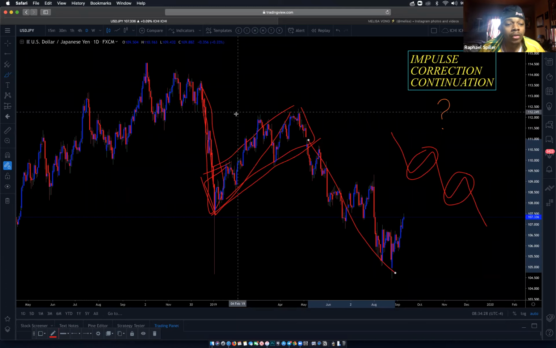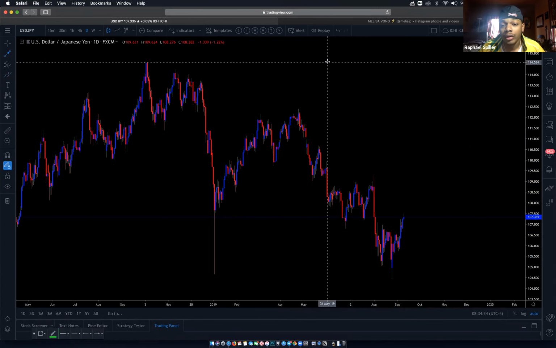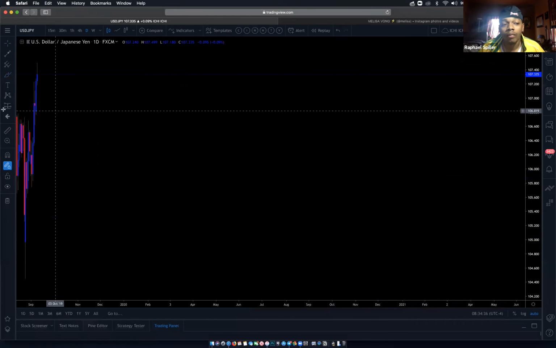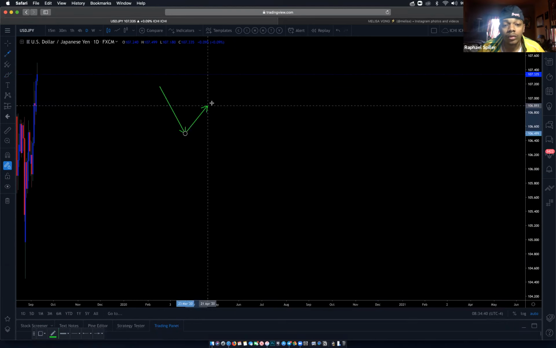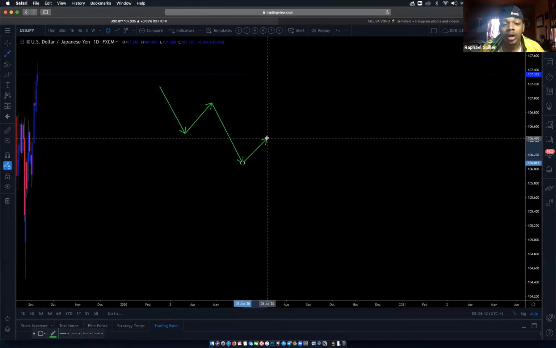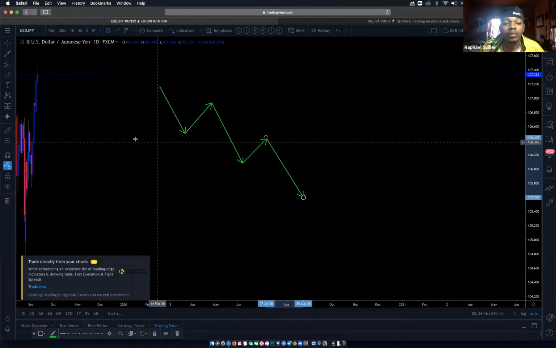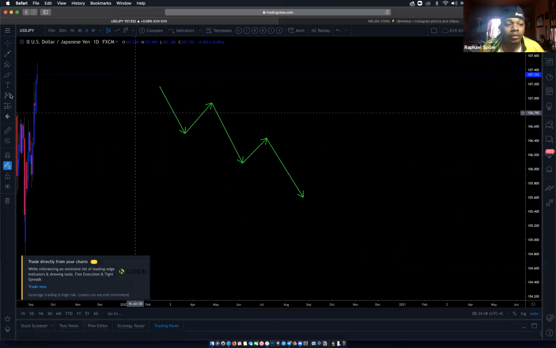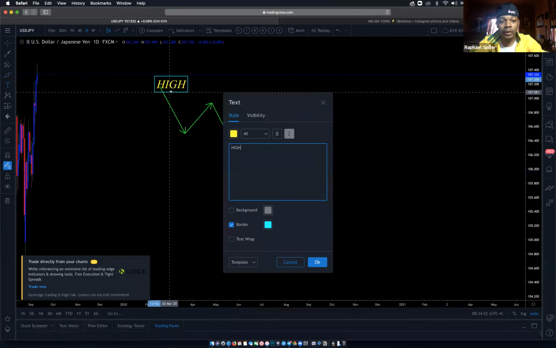All right, I want to break this down even simpler. The market goes up, down, up, down, up, down. So the market goes high, I'm just going to put an H here.